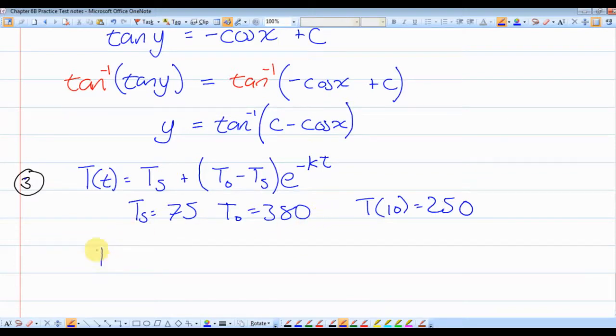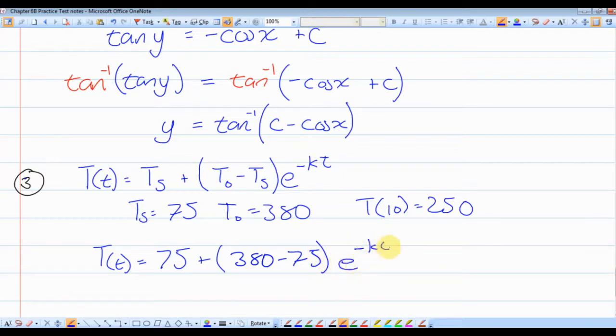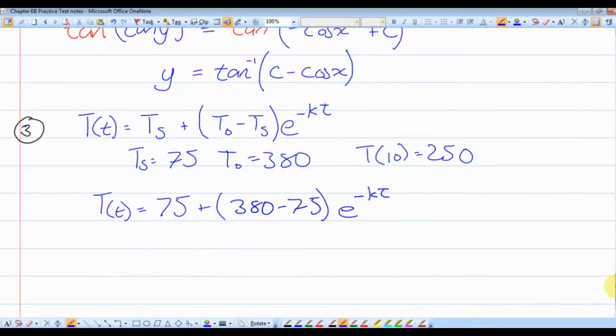Okay. So we have T of t equals 75 plus 380 minus 75 e to the negative kt. T of t equals 75 plus, is that 305? e to the negative kt.